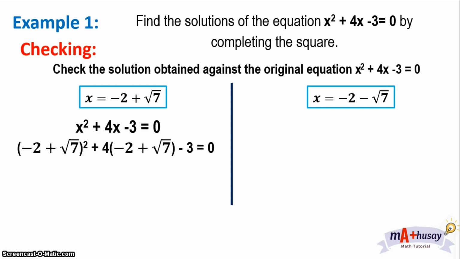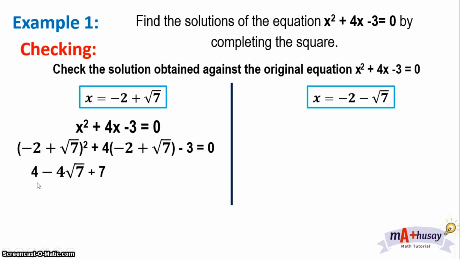As you can see here, we can square this into a perfect square trinomial. So we have 4 minus 4 square root of 7 plus 7.